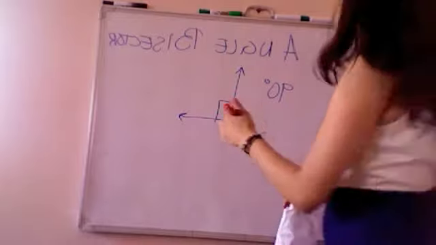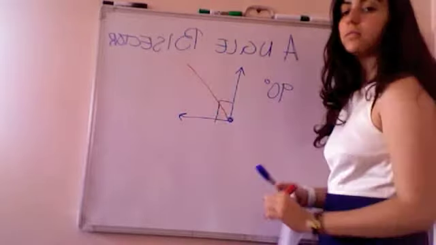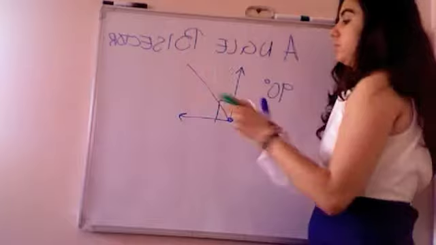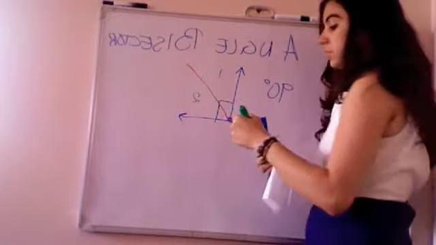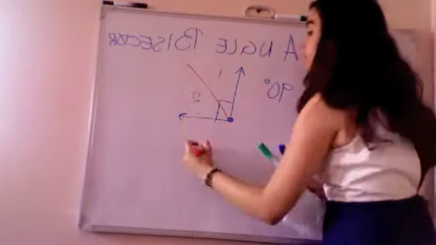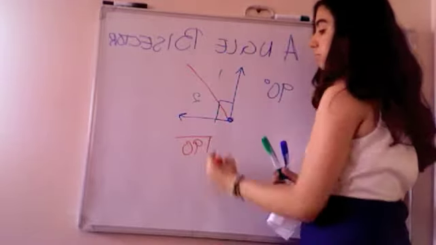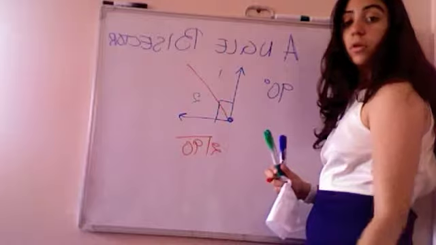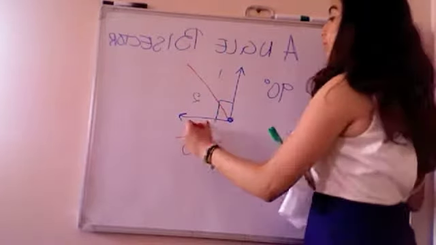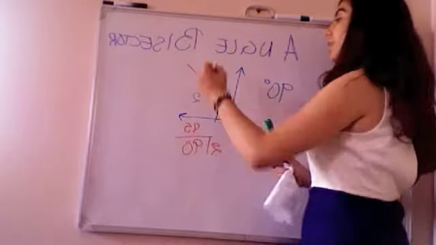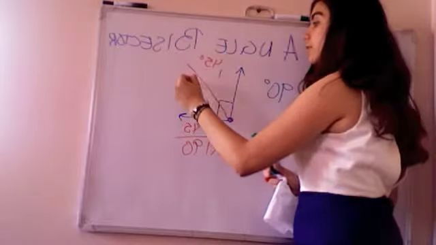It cuts an angle into two congruent parts. So 90 divided by 2 would result in 45, meaning that each of these is 45 degrees.